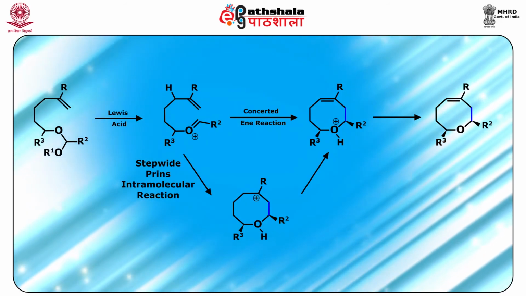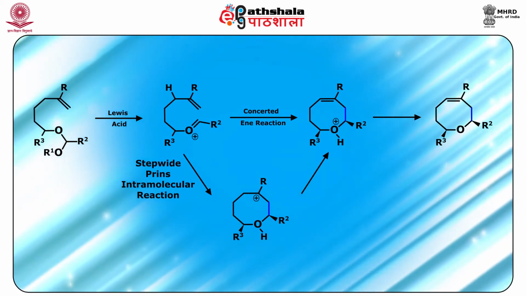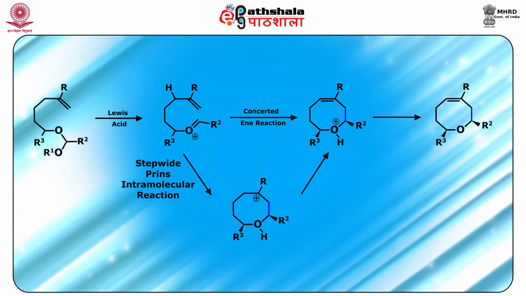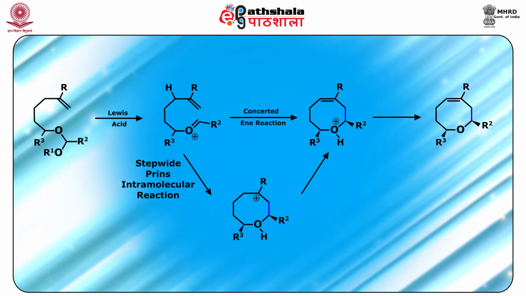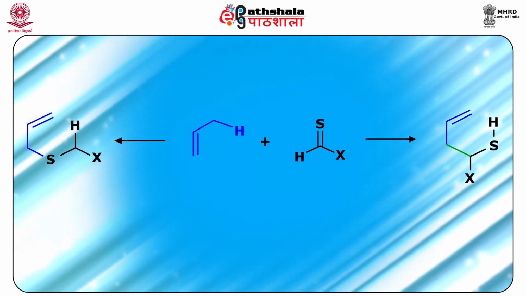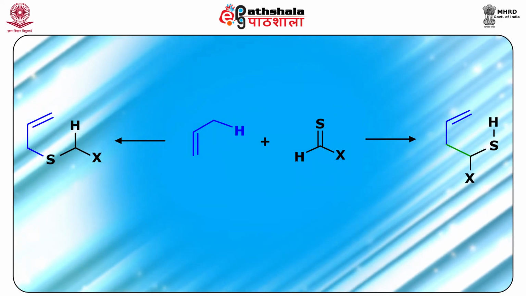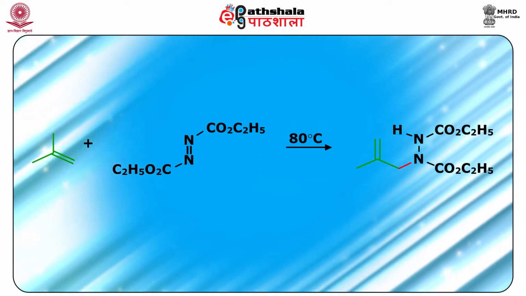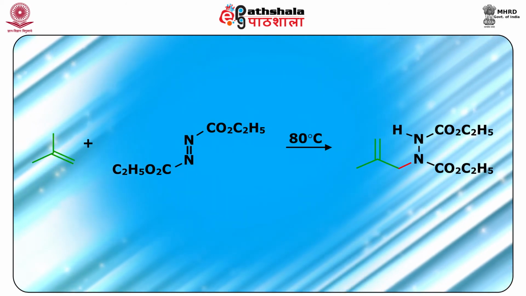The first is an example of an oxaene reaction in the presence of Lewis acid, whereby a concerted mechanism the ene reaction is carried forward. The next example is that of a thioene reaction, and the next is that of an azaene reaction.